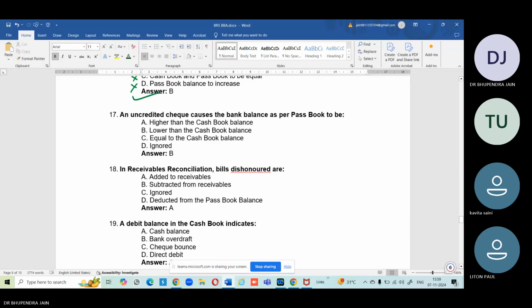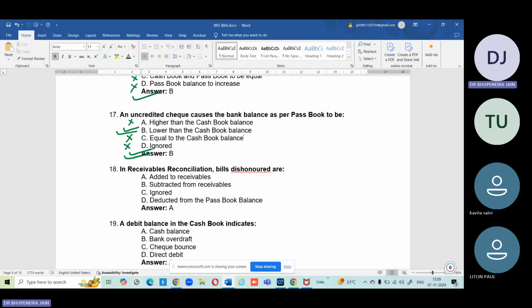Next. An uncredited check causes the bank balance as per passbook to be... If uncredited check is not credited, then higher the cash book balance, no, then lower the cash book balance is not, equal the cash book balance is not, and ignore the cash book balance is not.